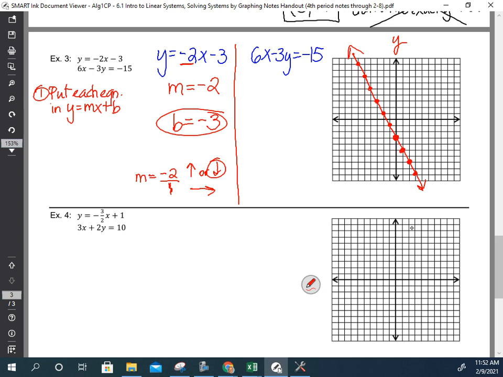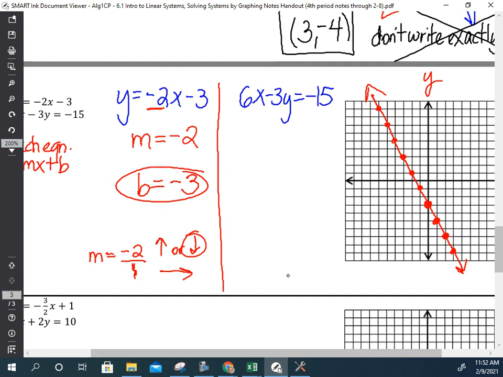What's wrong with the second equation? Yep, it's not in slope-intercept form. So now we have to change it. We want to get y by itself. We first have to get rid of 6x. How do we get rid of 6x? Add it, subtract it. That minus sign belongs to the 3. So that's a positive 6x, so you're going to subtract it.